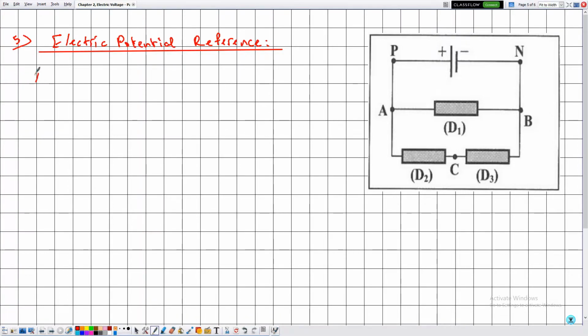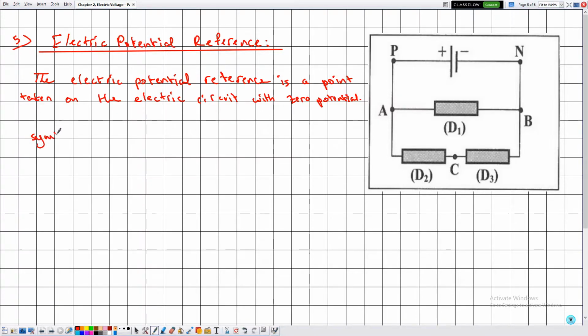Let me write here: the electric potential reference is a point taken on the electric circuit with 0 potential, and the symbol of this point is usually given by this.